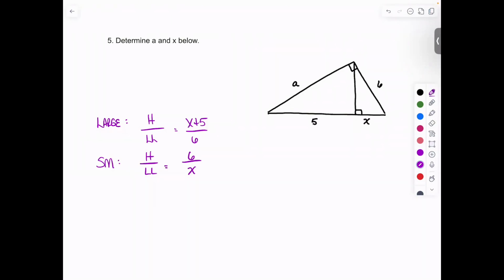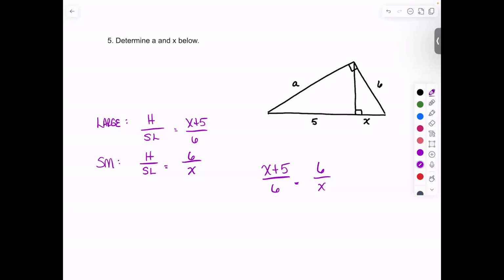Sorry, that's short leg, not long leg, my bad. We're doing hypotenuse to short leg equals hypotenuse to short leg. So we have x plus 5 over 6 is equivalent to 6 over x. That 6, that short leg, is the geometric mean between the large and the small right triangle.